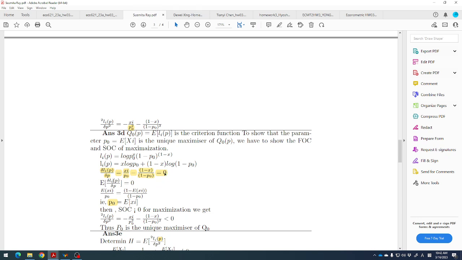And suddenly it becomes 0. There are conditions for each equality. For example, the first equality is true only if p equals p0, and the next equality is true only if p0 is the maximizer or minimizer.